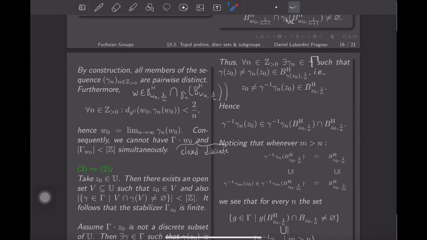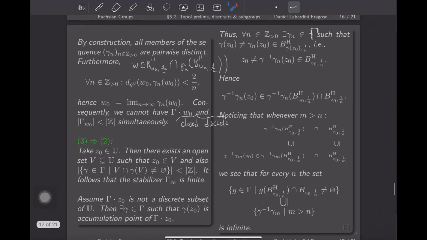So somehow this is actually the easy part, and here I have this other part. Okay, so you see, I'm starting to move towards contradicting proper discontinuity.